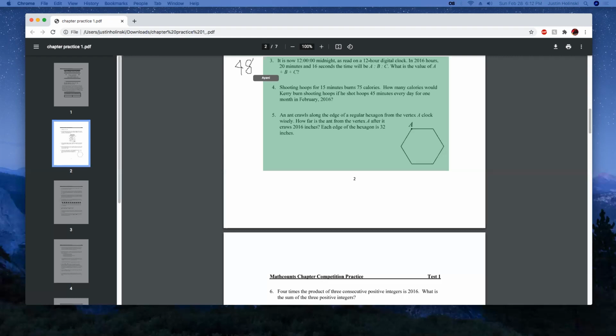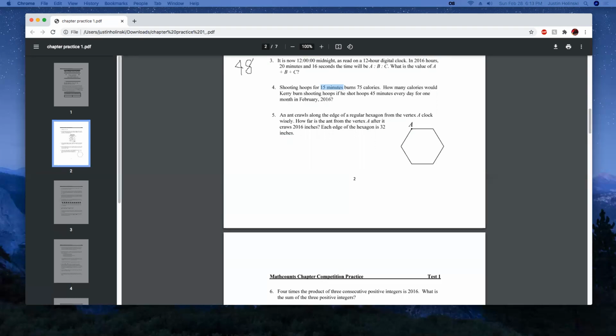Okay, the second green problem is shooting hoops for 15 minutes burns 75 calories. I just multiplied. So actually, I'll delete the screen. I'm not going to annotate for who's doing who from now on. That way I'm going to color code pieces of information, since that's how I like to solve some problems.